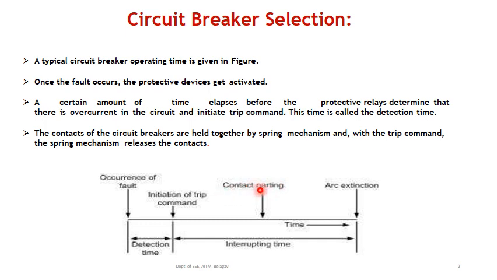Now the contacts will separate from each other. Once the contacts separate from each other, an arc will get extended over here. From the initiation of the trip command to the arc extension, that period is called what? The interrupting time.